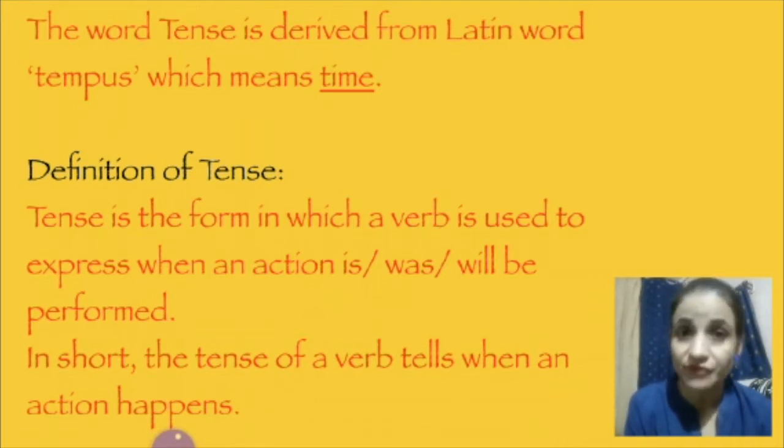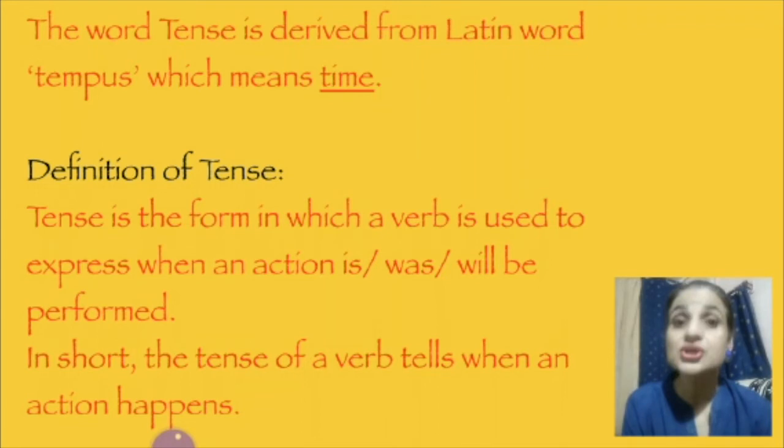Now, what's the definition of tense? Tense is the form of verb when a verb is used to express when an action is, was, or will be performed. In short, we can say the tense of a verb shows us when an action happens.